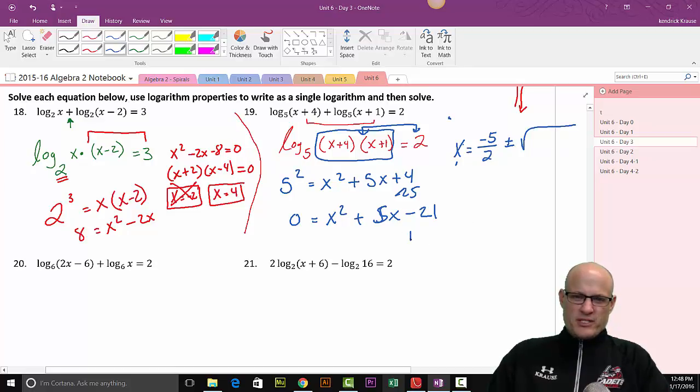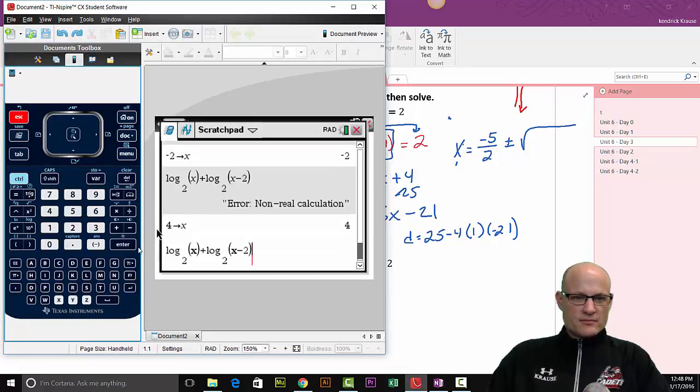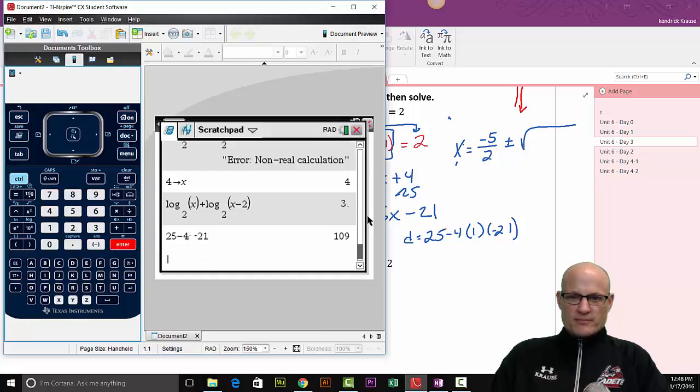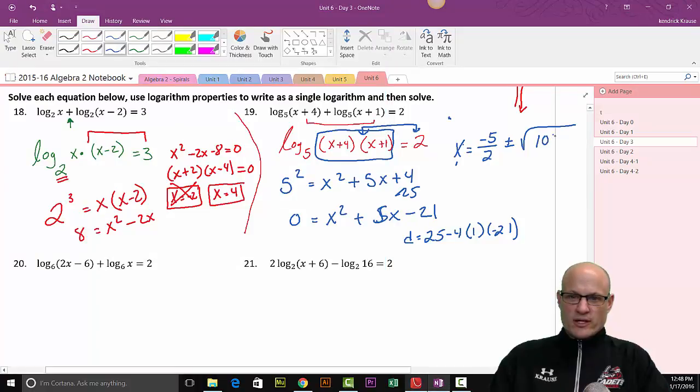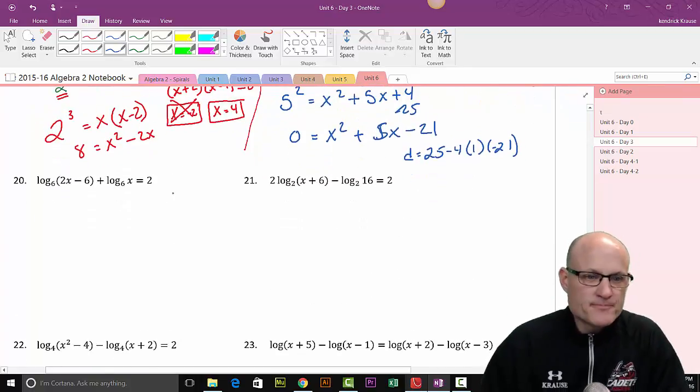In this case, the discriminant would be 25 minus 4 times 1 times -21. 25 minus 4 times -21 is 109. So the square root of 109 over 2. Let's just leave it at that. I thought they all came out to be nice numbers. I apologize. All right, so let's keep going.